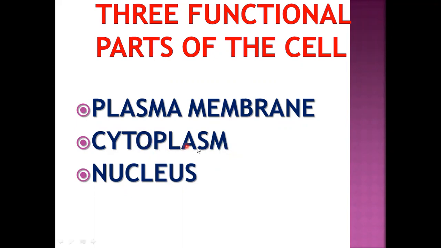Number one, cytoplasm, then nucleus. So inside the plasma membrane, the living material of the cell is protoplasm, and protoplasm consists of cytoplasm and nucleus. So both these have their own structure. We will learn the structure of all these parts. So these are the components of the protoplasm.